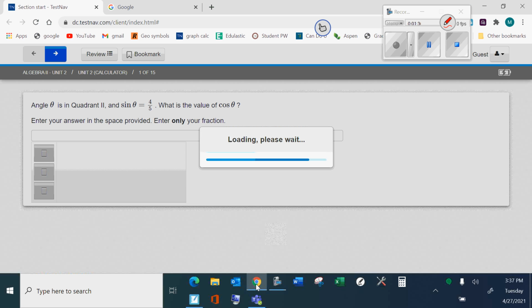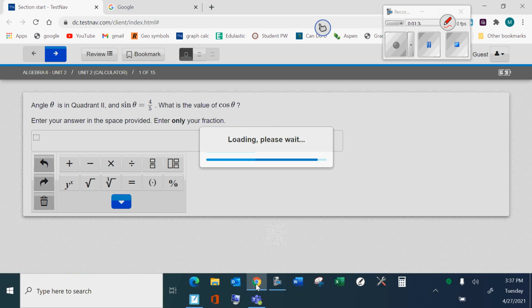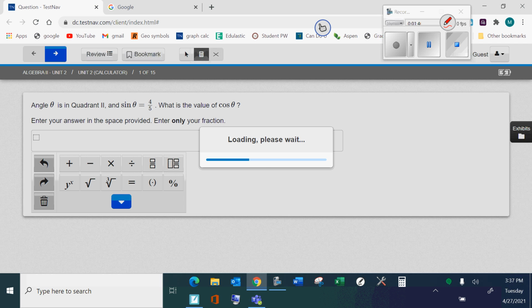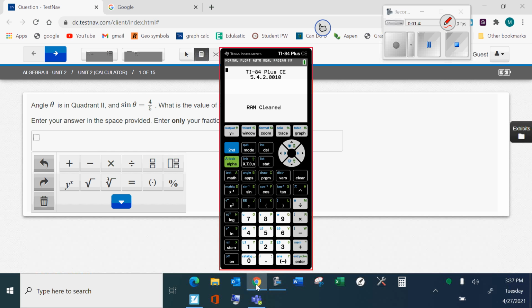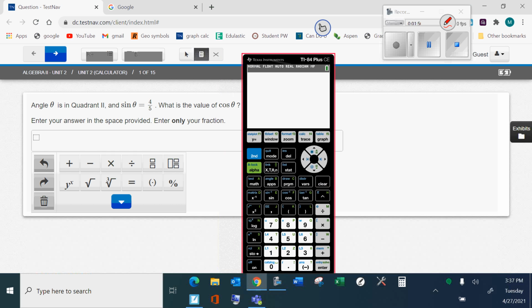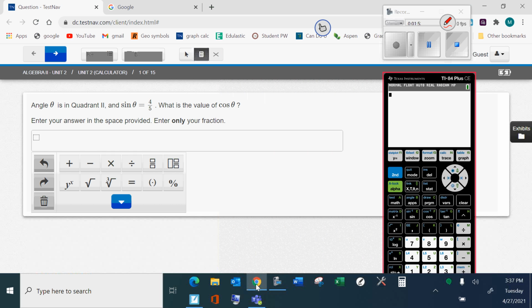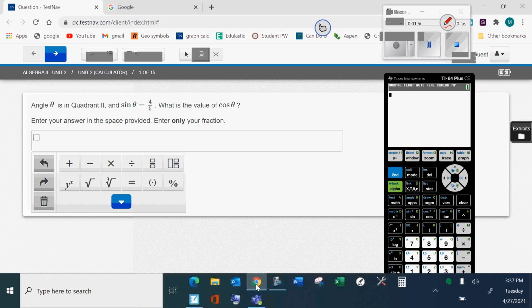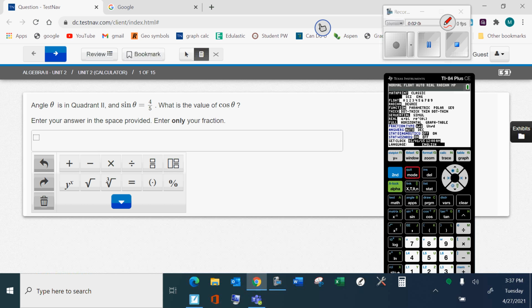Remember, by default, when you come onto the DCAS test, the calculator is right here in the middle. Click on it. You can then clear that. You can drag it to the right. Don't forget the exhibits on the right here. That's your formula sheet. You cannot ask for that. Ask where those things are on the test. I need to go to mode immediately and change it to degrees.